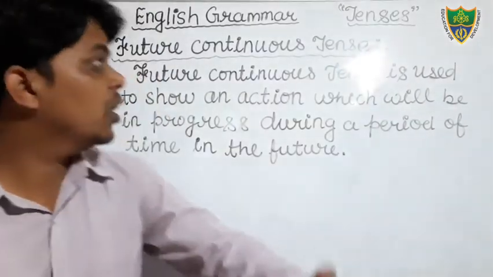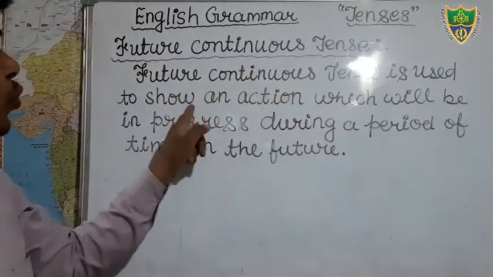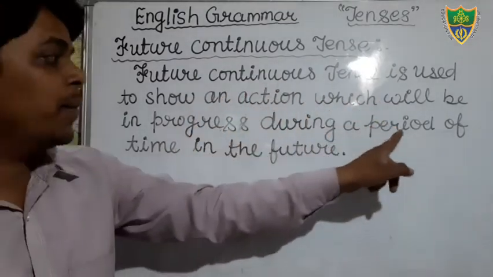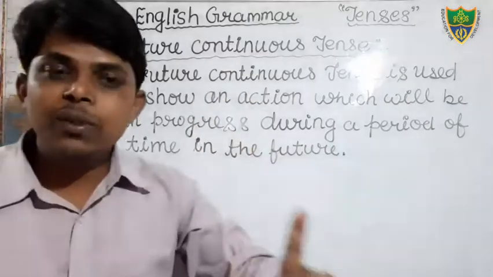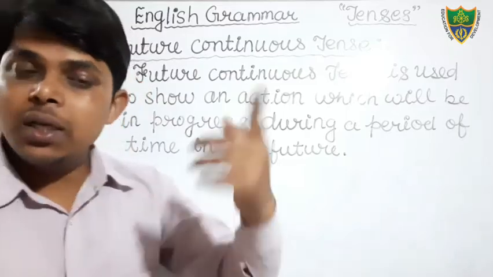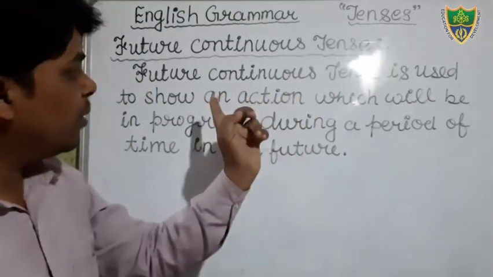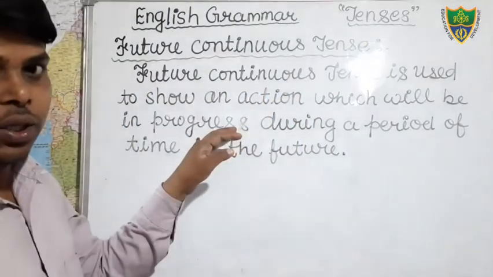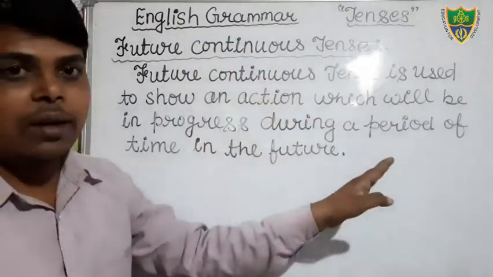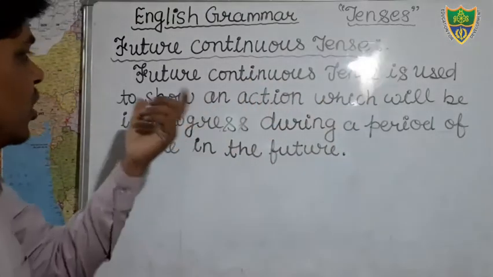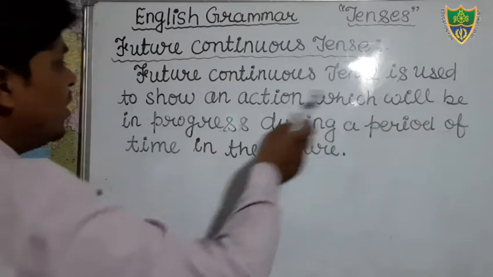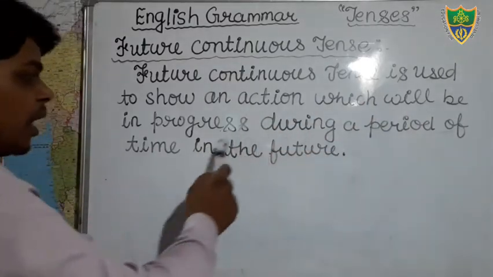Future continuous tense is used to show an action which will be in progress during a period of time in the future. It means any work that will be in the future and that will be in progress, that will be in continuation in the future time. You can see here, it is written here. It is used to show an action which will be in progress during a period of time in the future.